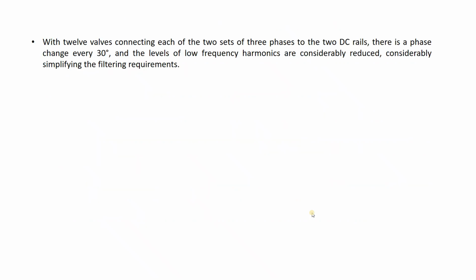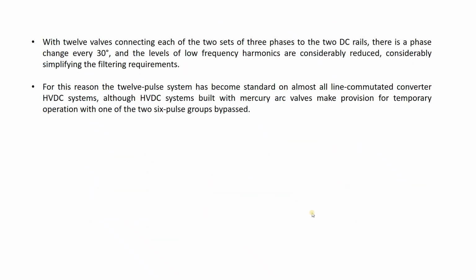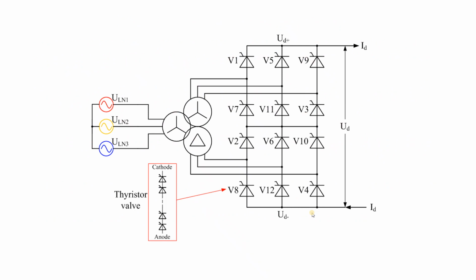Usually one of the valve windings is star connected and the other is delta connected. I am just showing you this figure. You can see this one is the 12 pulse. This is the AC side, which is star connected, so this star represents the AC. Then it is connected to two sets of rectifiers.